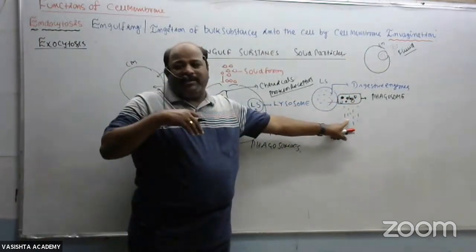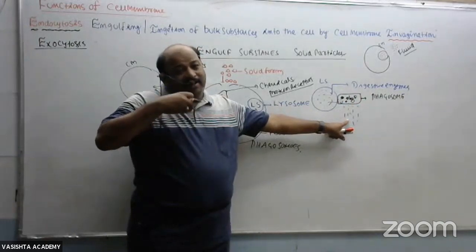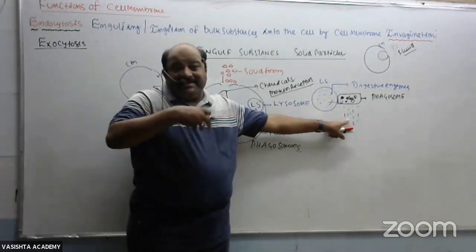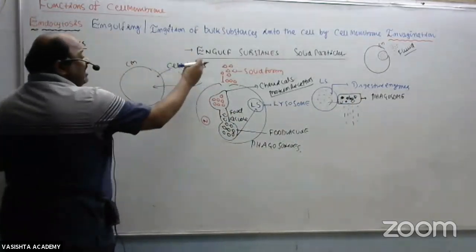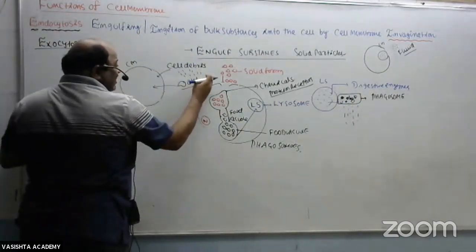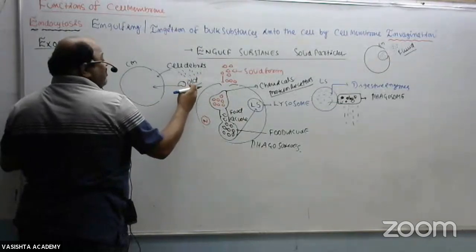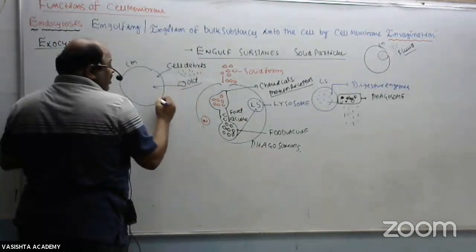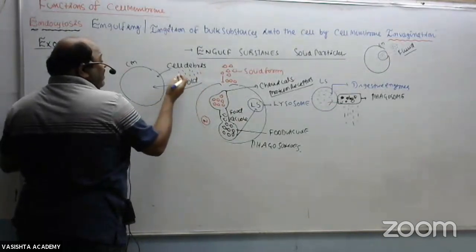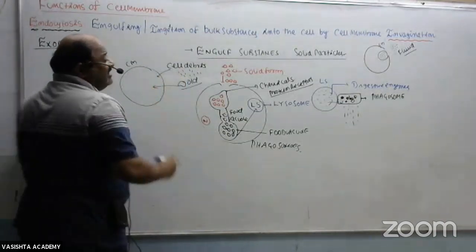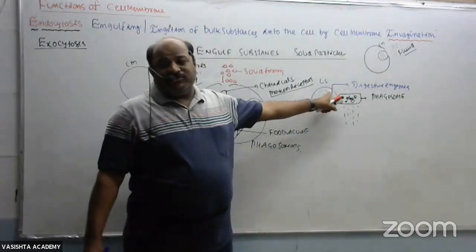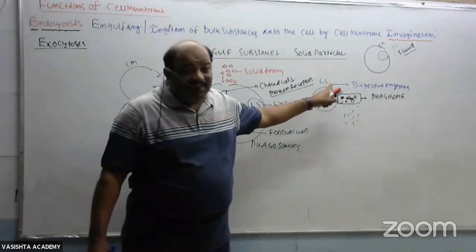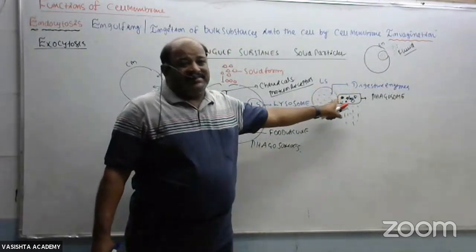Not only food particles, whatever you take enters inside the cell, where outside there is a cell membrane. If there is any cell debris or old cells, everything will be digested by the digestive enzymes contained in the lysosome. It is involved in the digestive process.